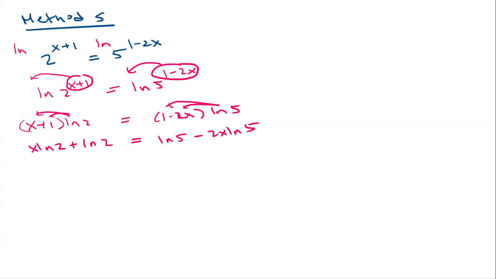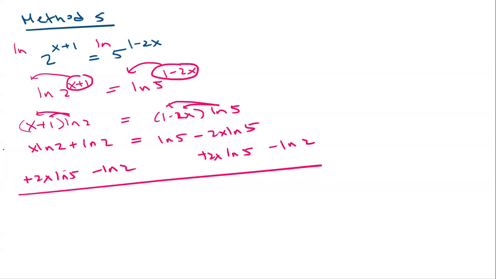All right, so notice we have an x on this side and we have an x on this side, so we need to solve for x. So let's combine all the x's together, and then the ones that don't have x, put them on the other side. So we're going to add 2x ln of 5 here, then subtract ln of 2, subtract ln of 2.